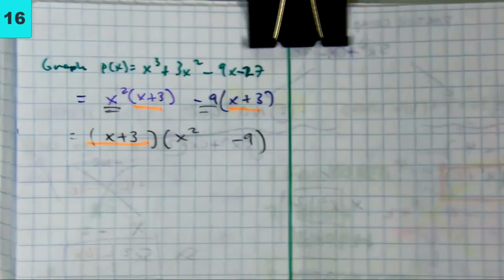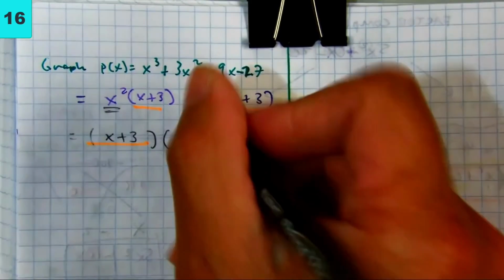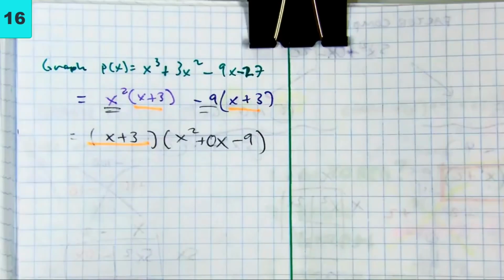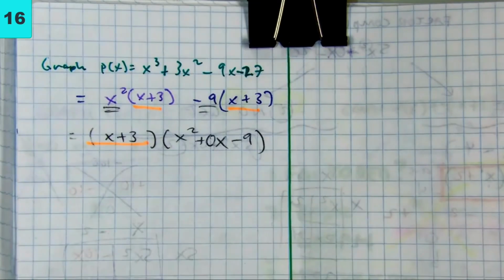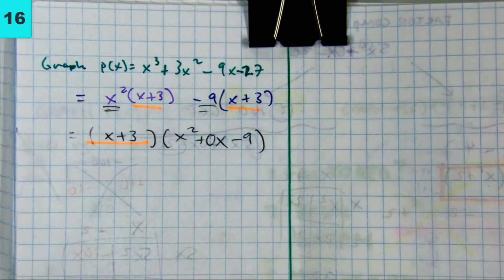Okay, hopefully you recognize why I have that gap right there. We're going to put in here a 0x. Why? So that you have a trinomial, and we could just move on towards using the x method of factoring.